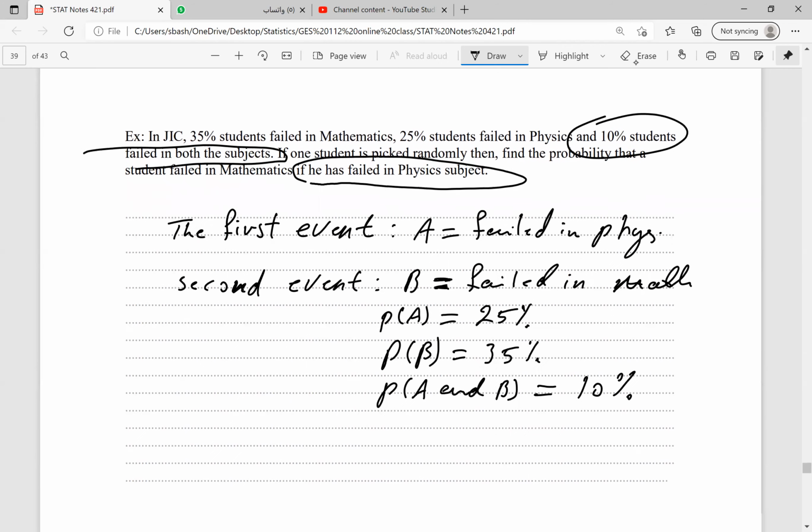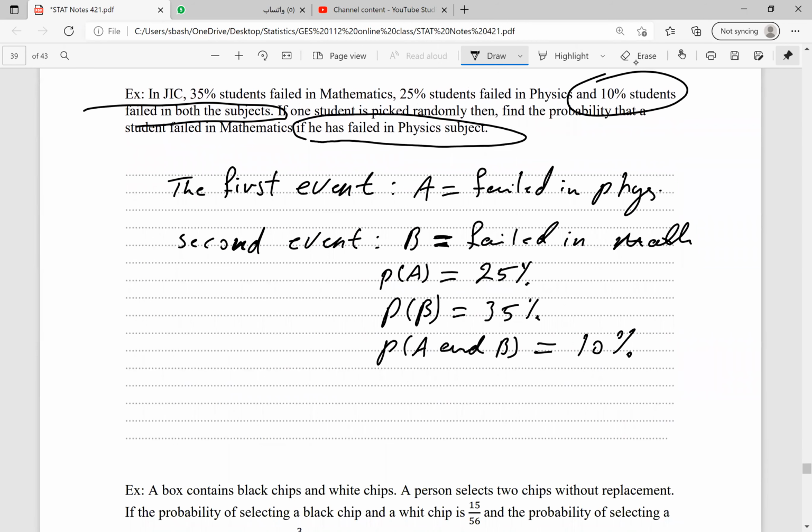We need to find a student who failed in math after he failed in physics.